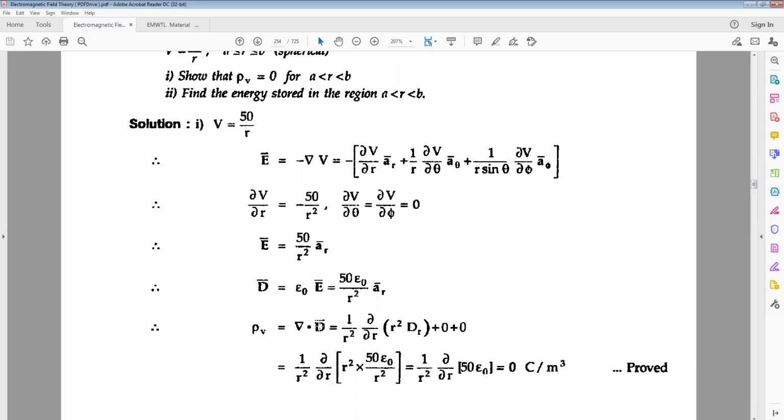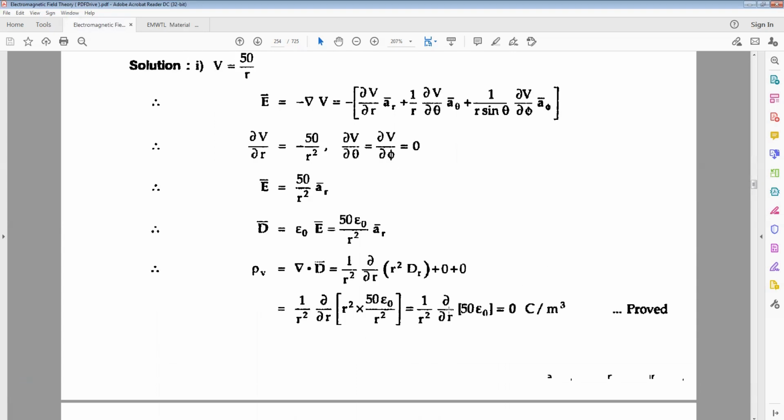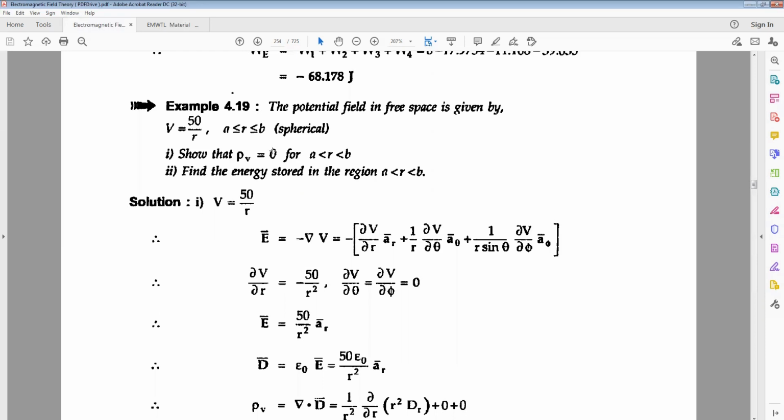So what is that? 50 into 1 by R square, and the derivative of R square into 50. R square gets cancelled, and any remaining dou by dou term becomes 0. So we prove that rho V is equal to 0 within the range of R from A to B.